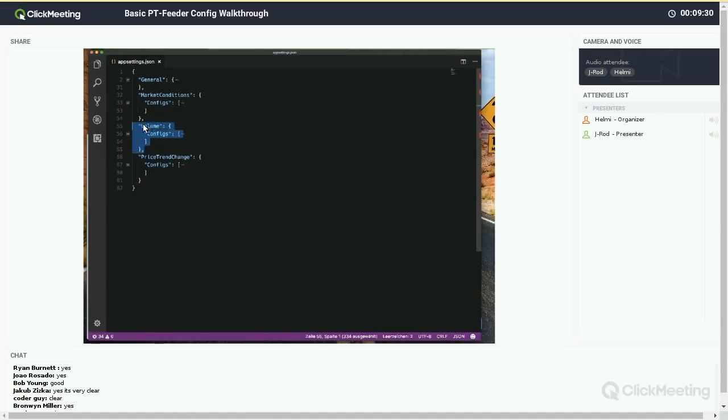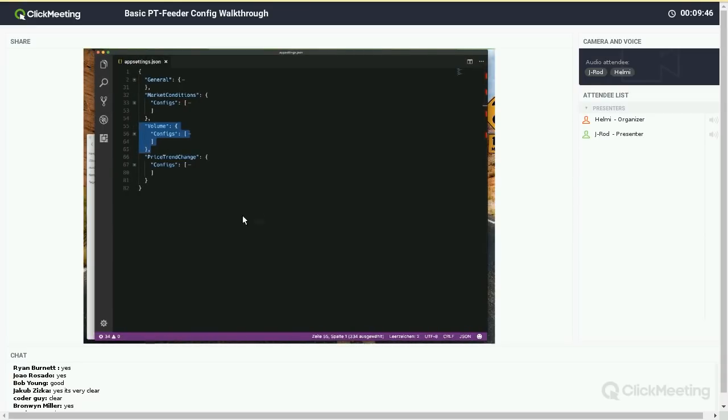We're just using the default config here. We can extend that later to show you a few more details, but this is what the basic configuration that comes with PDFeeder looks like when you download it.